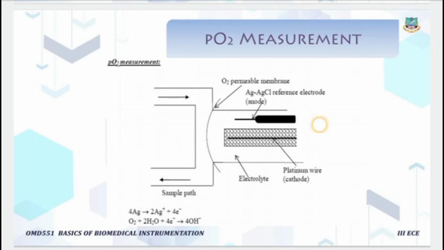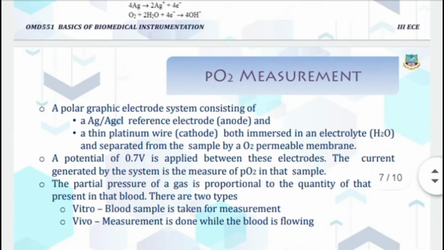Then we are applying a potential of 0.7 volt between these electrodes. Then the current generated by the system is a measure of the gas in that sample, and it is proportional to the quantity of gas present in that blood. This is about partial pressure of oxygen measurement.